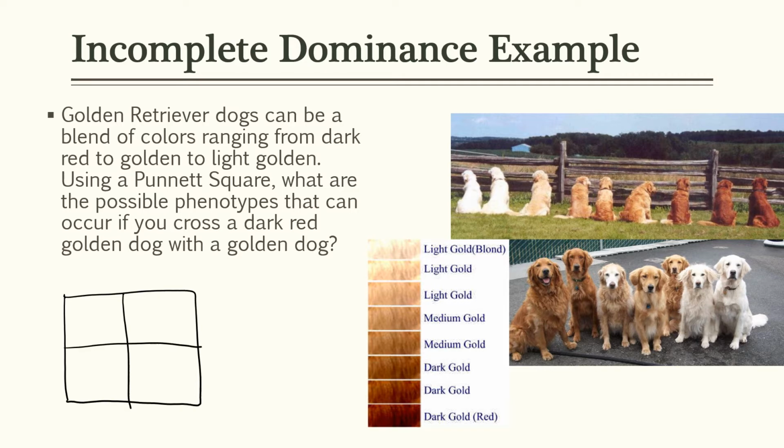So we are mixing a dark golden dog with a regular golden dog. So we're mixing one on this end with one in the middle. So in this case, I'm going to have hair color that is dark for one, and hair color that's going to be in the middle, an incomplete dominant.